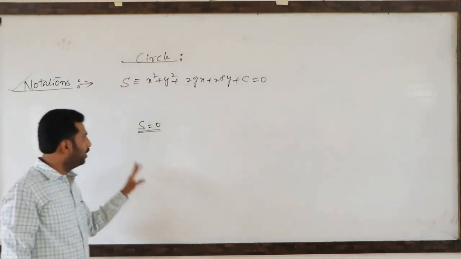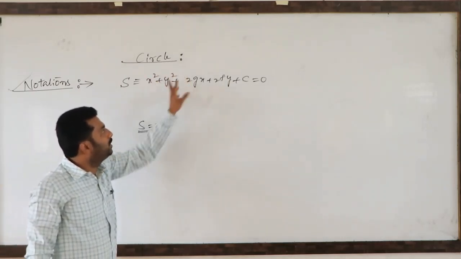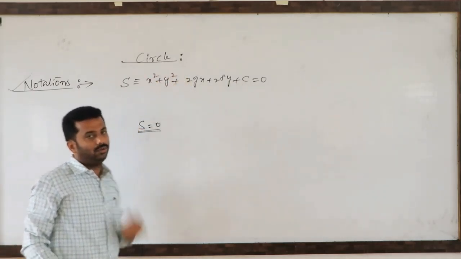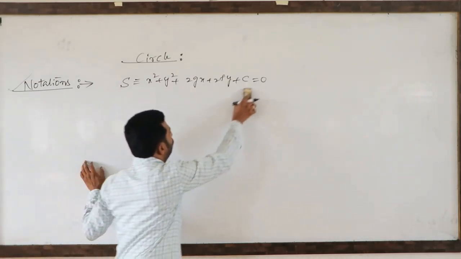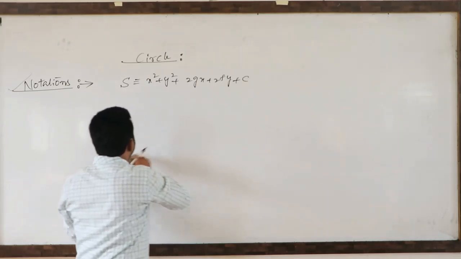Here onwards, S equal to 0 means this equation, x square plus y square plus 2gx plus 2fy plus c equal to 0. So you have to remember that S equal to 0 is what you write.